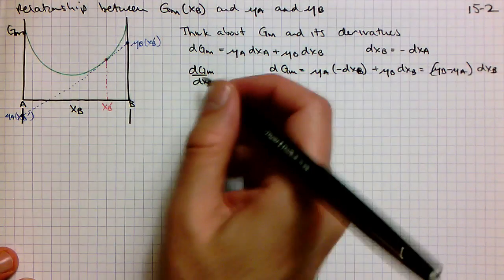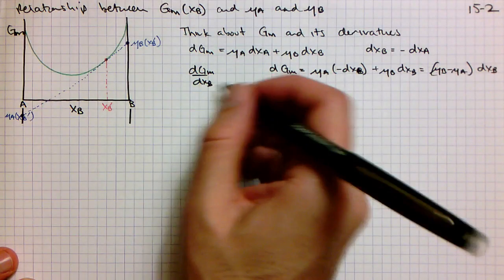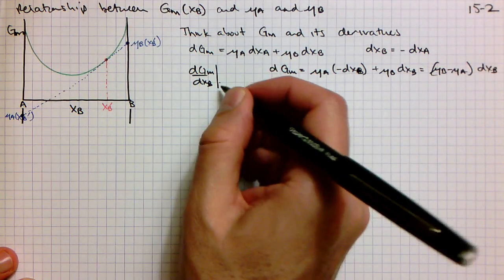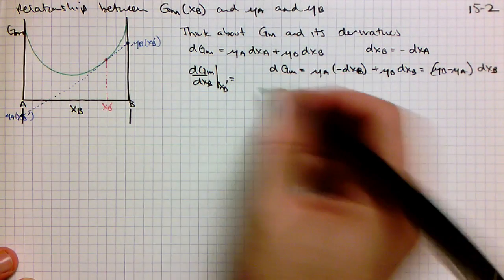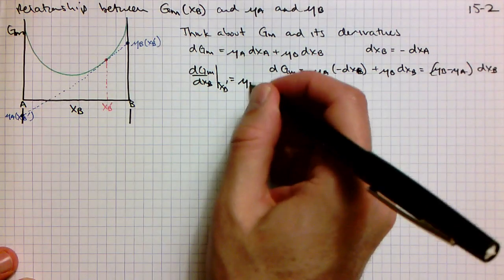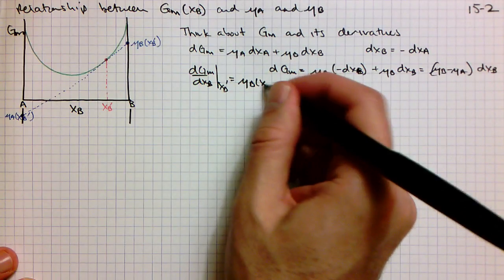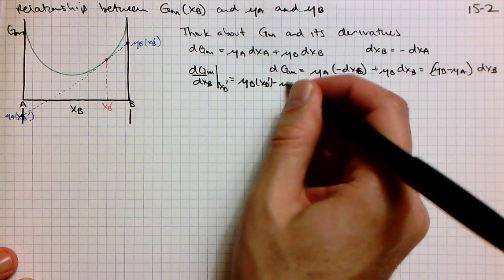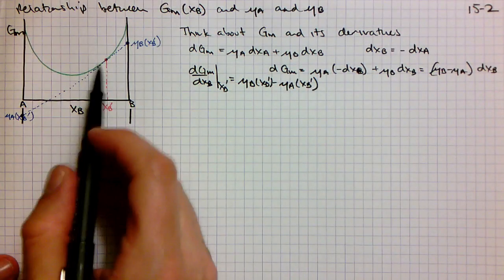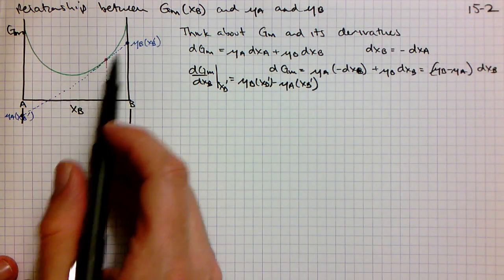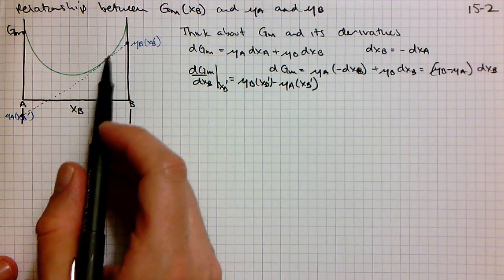So as a consequence, dGm/dxb at xb prime at this particular point, we can write that as just mu B at xb prime minus mu A at xb prime. Okay. So the slope here is related to the difference in the chemical potentials of A and B.